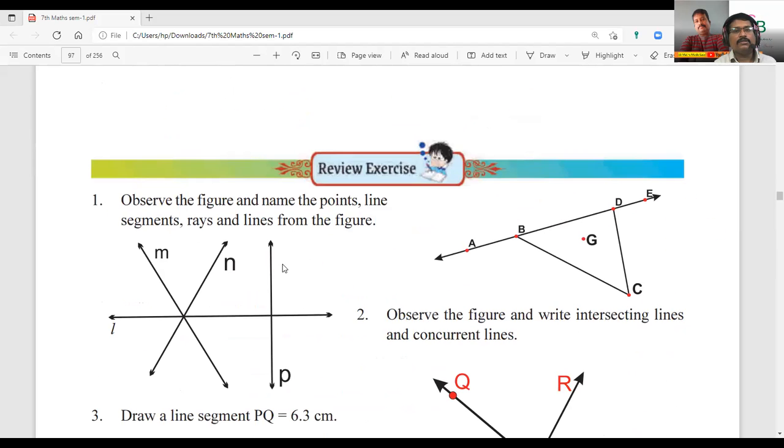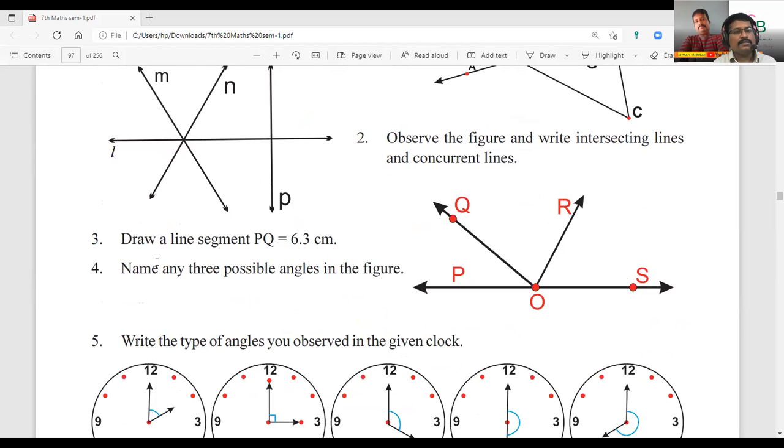Next, draw a line segment PQ equal to 6.3.